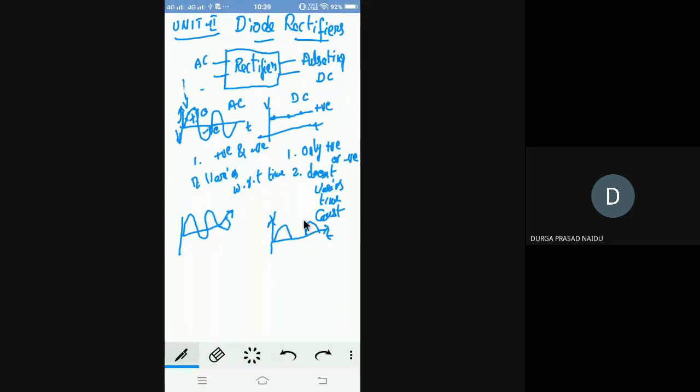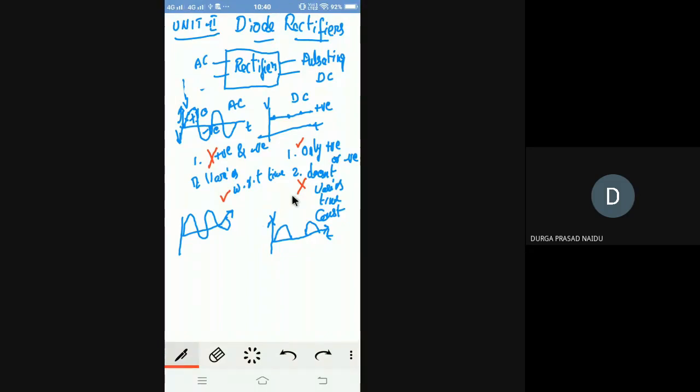It doesn't have both positive and negative values, but it varies with respect to time. Here also, it is having only positive values, but it is not constant. So it has qualities of an AC signal as well as a DC signal.